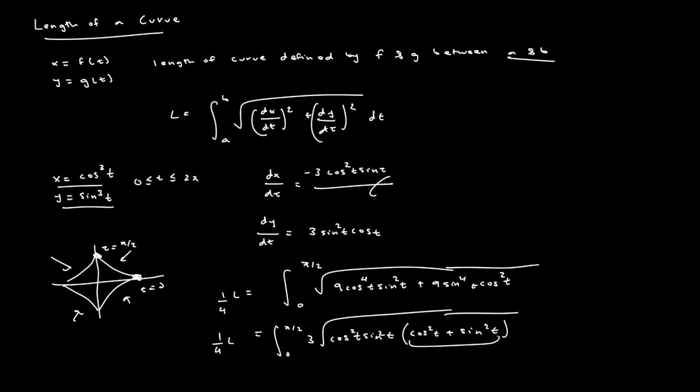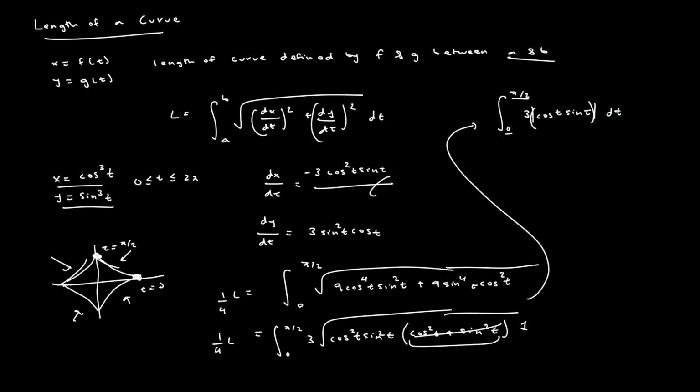Now this part, through the trigonometric identities, is just 1, so our integral simplifies to the integral from 0 to pi over 2 of 3 times the absolute value of cosine t sine t. And since our domain is only from 0 to pi over 2, we can remove the absolute value signs, since every trigonometric function is positive in the first quadrant, so this product will also be positive. That was one good part about looking at the symmetric domain. And then, forgetting the dt.